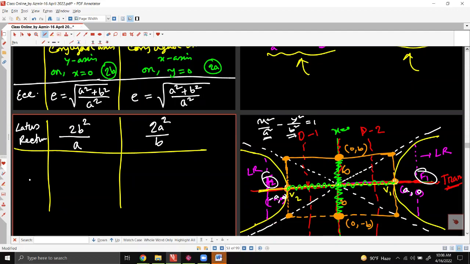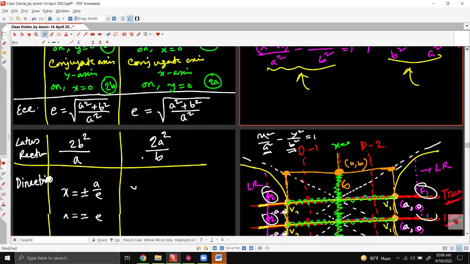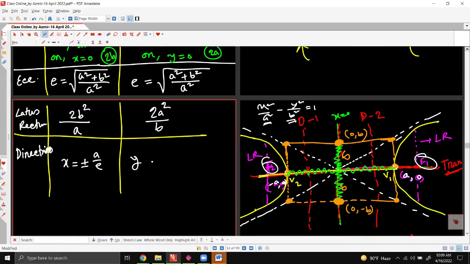Now directrix, there will be two directrix here, so we can say that directrices, so it will be at x equals plus minus a over e, and for the second case we have y equals plus minus b over e.